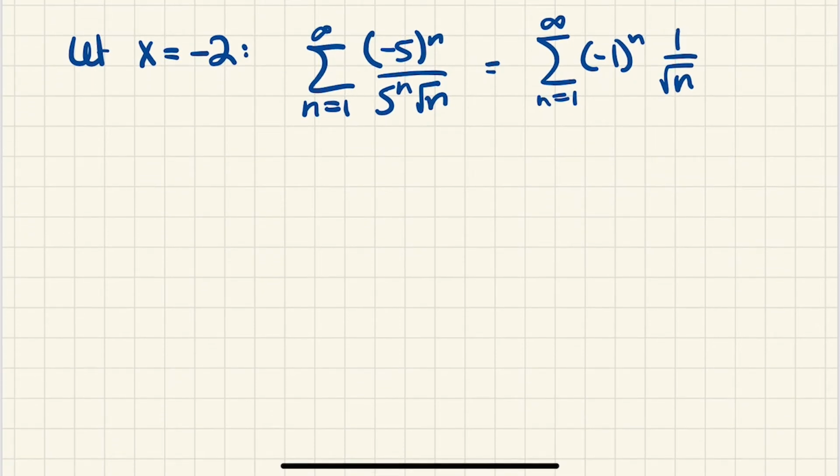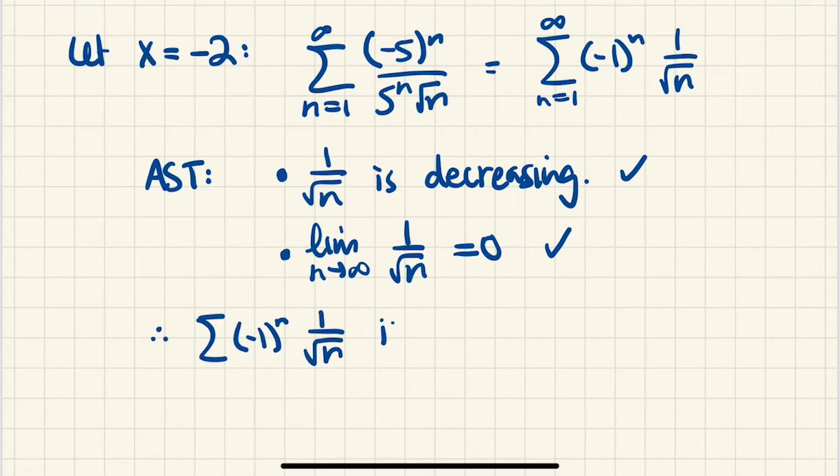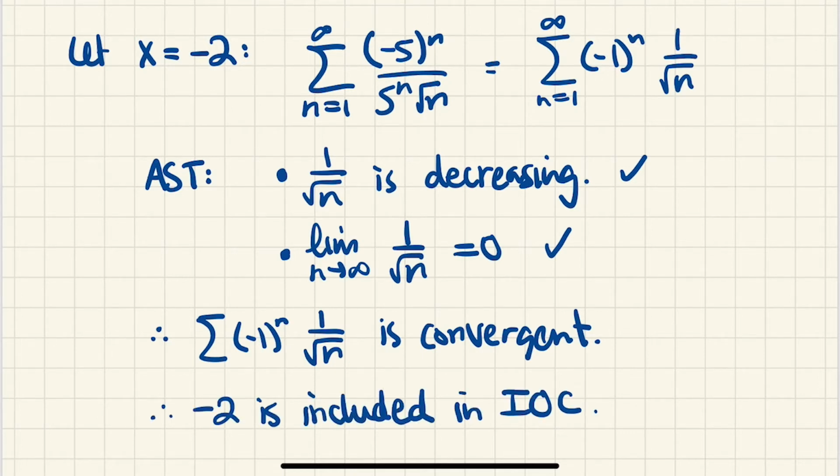Well, we can use the alternating series test. 1 over rad n is decreasing, and this limit here is equal to 0. So yes, the power series when x is equal to negative 2 is indeed convergent. So negative 2 gets included in the interval of convergence.